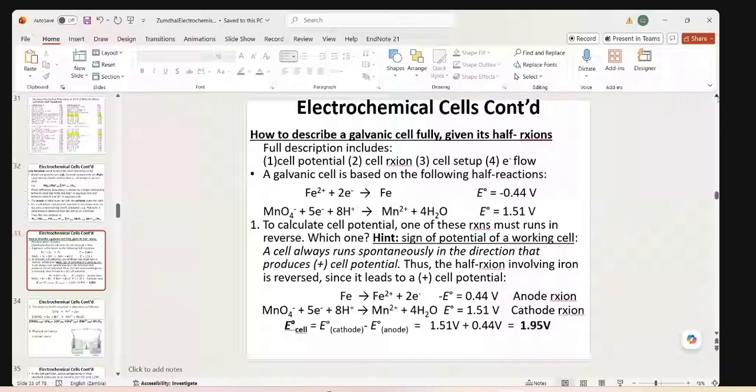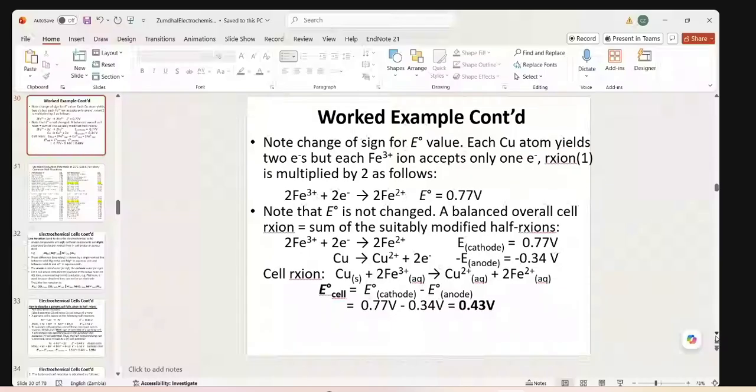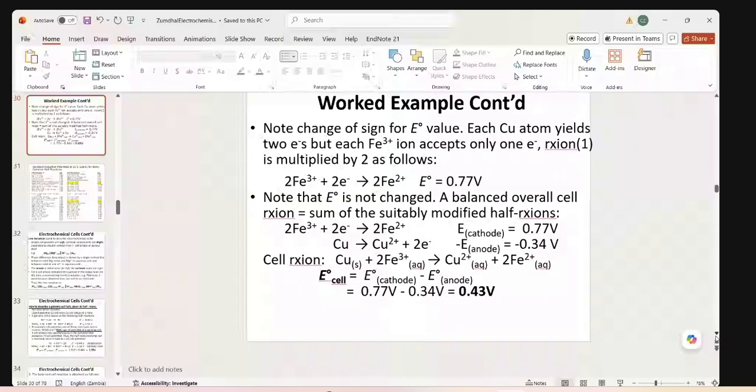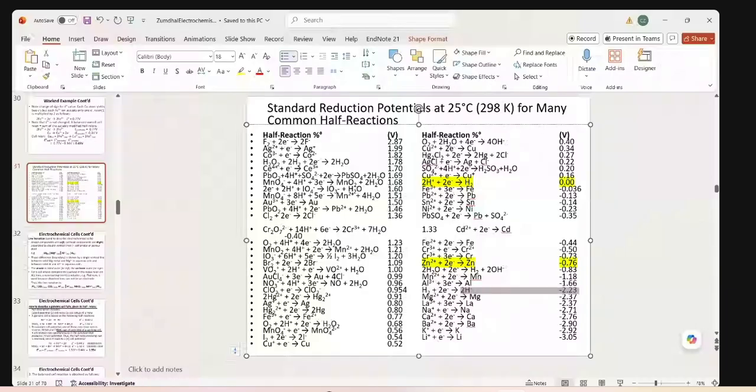Okay, where is the table? I'll also show you how to get the reduction potentials. Now, how can we know which one to use?